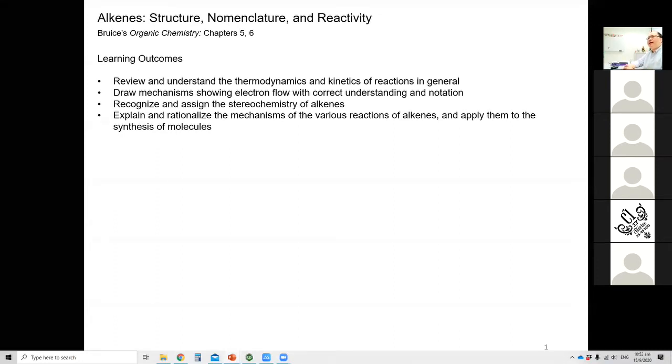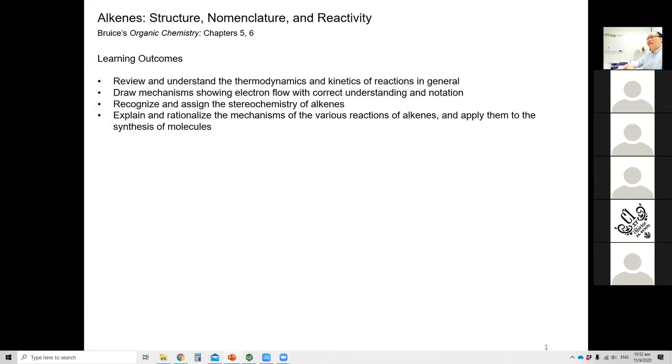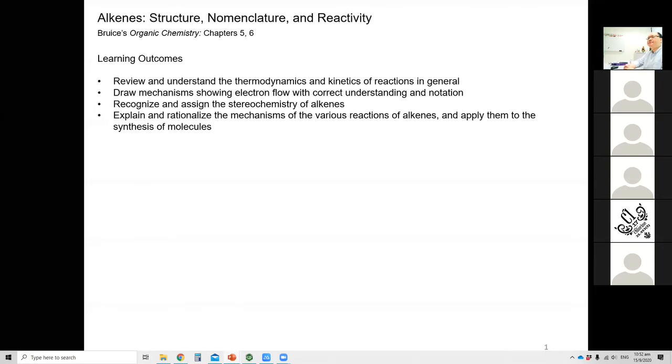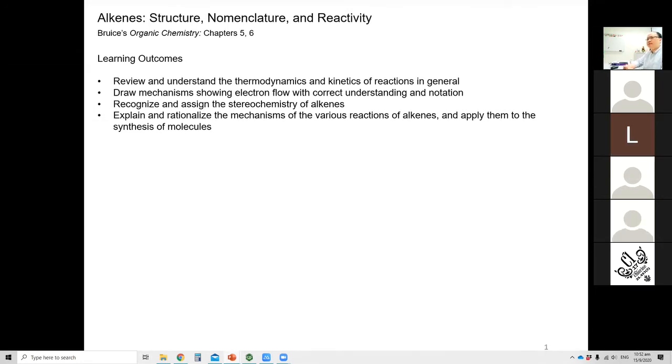We will review them in the context of organic chemistry. We are also going to learn how to draw mechanisms, showing electron flow with correct understanding and notation. That is the very base foundation of organic chemistry. How do you describe a reaction? How do you tell other people the mechanism of a reaction? We are going to learn that in this chapter.